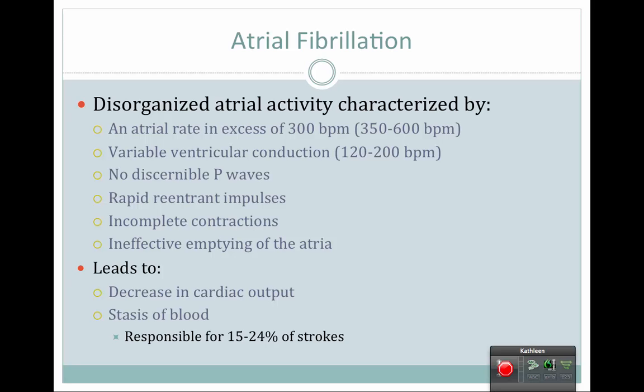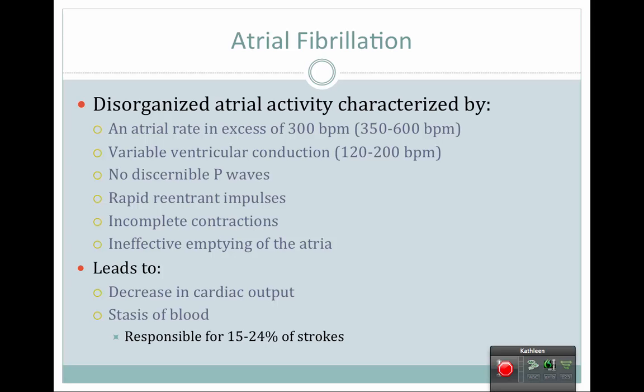It has no discernible P waves. It has rapid re-entry impulses. Rapid atrial fibrillation causes incomplete contractions and ineffective emptying of the atria. So the atria are not squeezing uniformly and in harmony like they normally do.